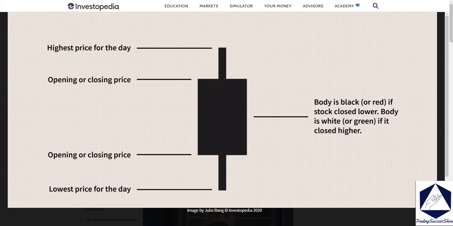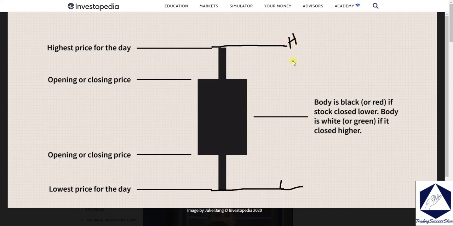Now some people may ask, but what about this area right here? This area is the lowest for the day, meaning that no matter the action for that particular trading day, this is the highest price we got and this is the lowest price we got.